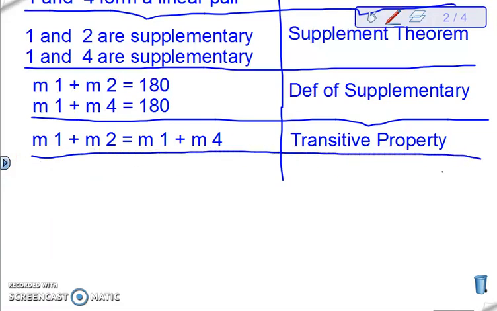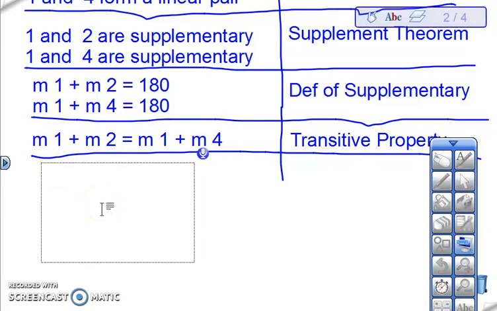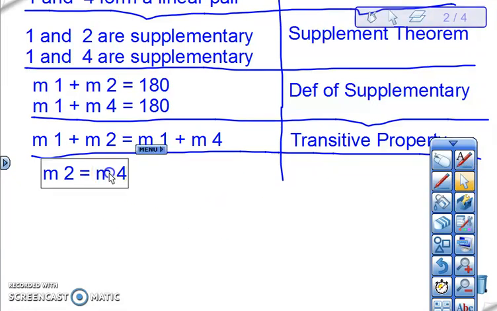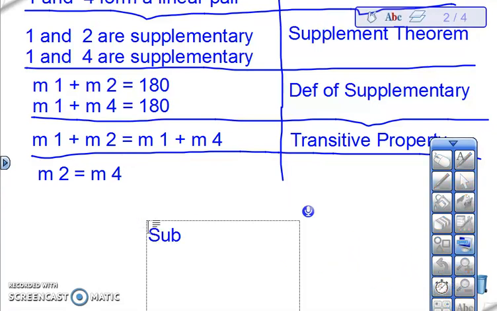All right, so next we notice that angle 1 is in both equations. So we can cancel it out and say measure angle 2 equals measure angle 4. Cancel it out by subtracting, so that's our subtraction property.